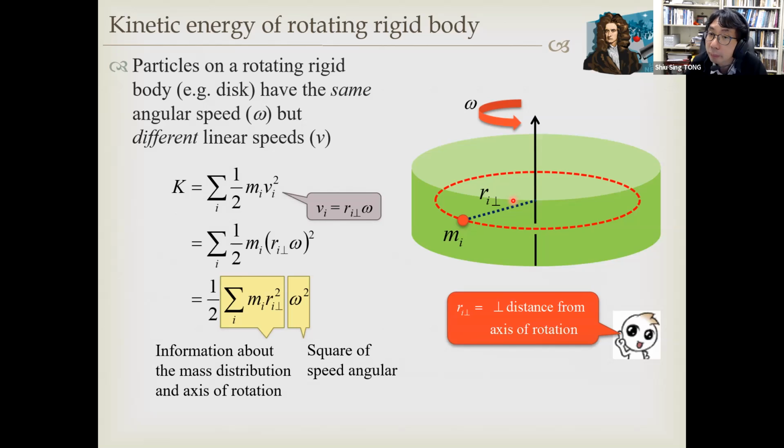And so the kinetic energy of that particle is of course half m_i v_i squared. And if we form a sum of all the particles inside this object, we have the total kinetic energy.